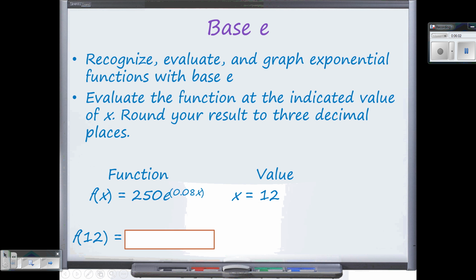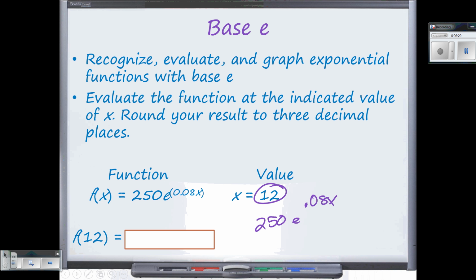Alright, so let's look at base E. Recognize and evaluate and graph exponential functions with base E. Evaluate the function at the indicated value of x. Round your results to 3 decimal places. So all we're going to do is plug that 12 in for x. So we're going to type into our calculator 250 times e to the 0.08x.